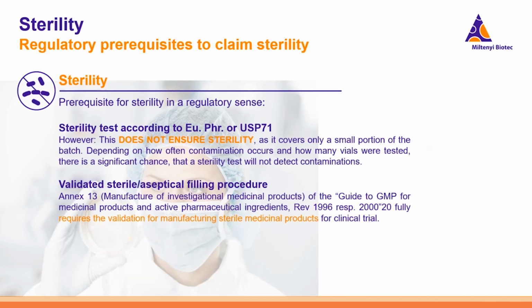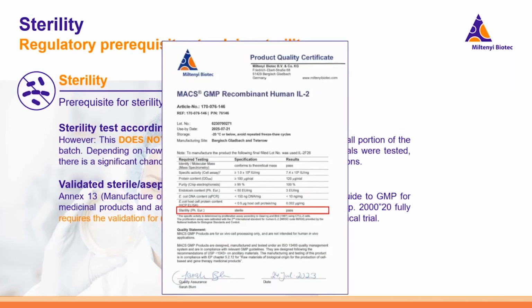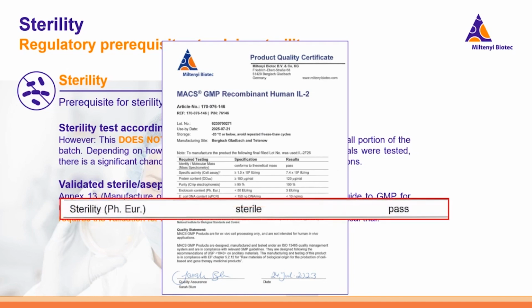So how can you see if the cytokine is really sterile? If this is the case, then it is displayed on the certificate of analysis, or product quality certificate as we call it. Here you can see an example, our MaxGMP IL2, and within the red border, which I've zoomed in a little for you, you can see a sterility test according to the European Pharmacopoeia, and the result of the specification is really sterile. So it's spelled out on the certificate of analysis.